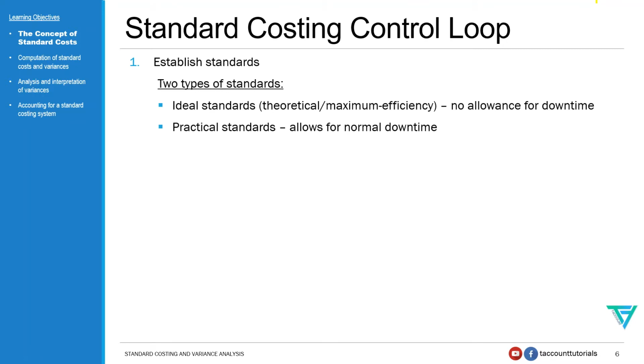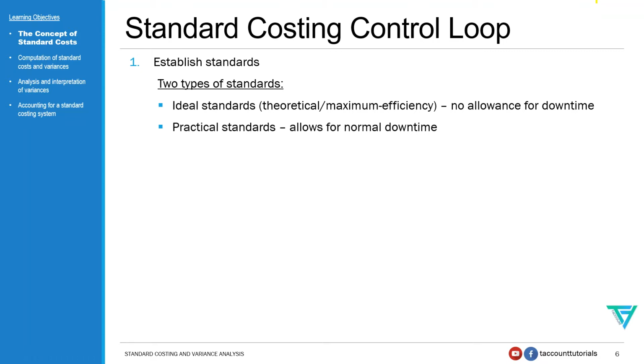So at establishing the standards, there are actually two types of standards which management can choose from. First is ideal standard or the theoretical or maximum efficiency standards, which provides no allowance for typical or expected machine or direct labor downtime. All right, so entirely no downtime in the manufacturing line. Or on the other hand, management could also establish practical standards, which allows for normal downtime.